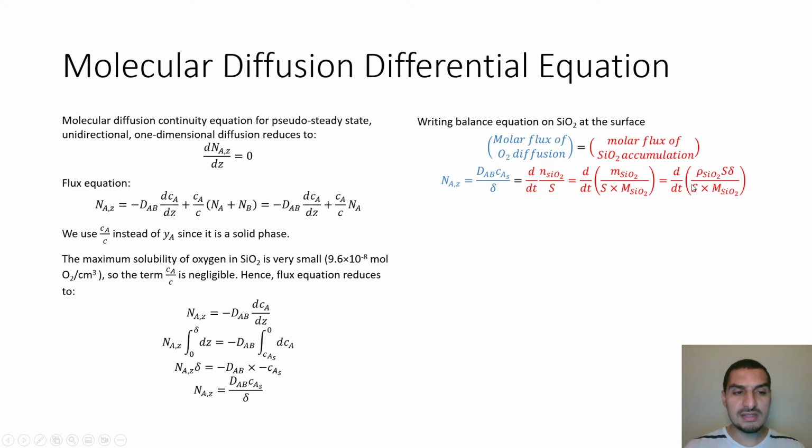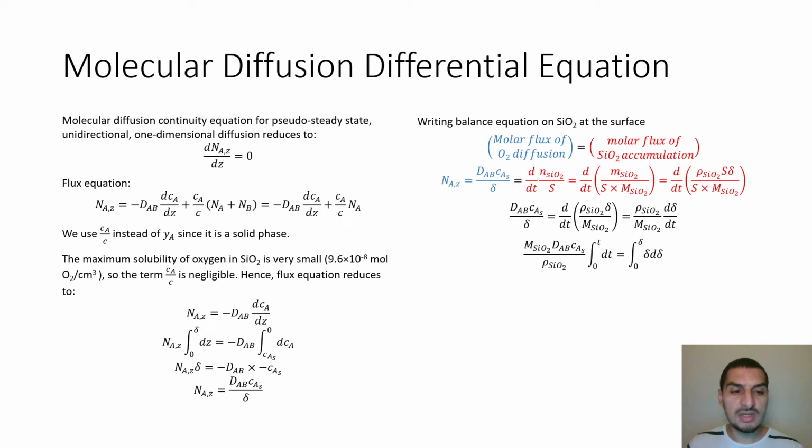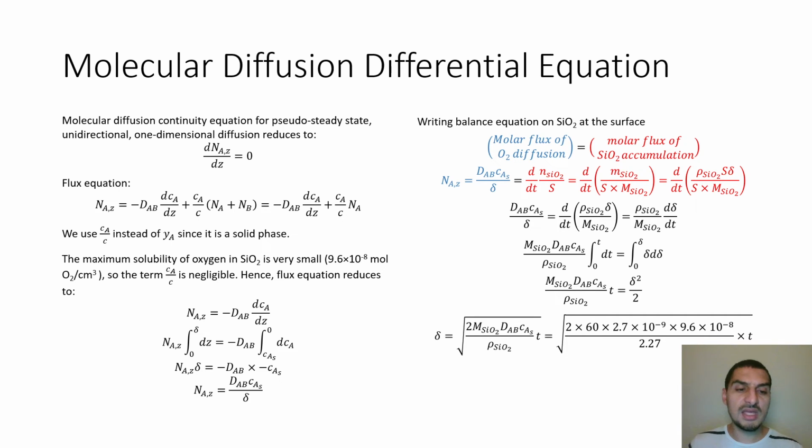And we can cancel the S in the numerator and the denominator and get the constants out of the integration. So this is D C divided by delta equals these constants, rho divided by molecular weight, multiplied by d delta by dt. Again, it's a very simple integration. You can do the integration and then you will end up with this form of the equation.